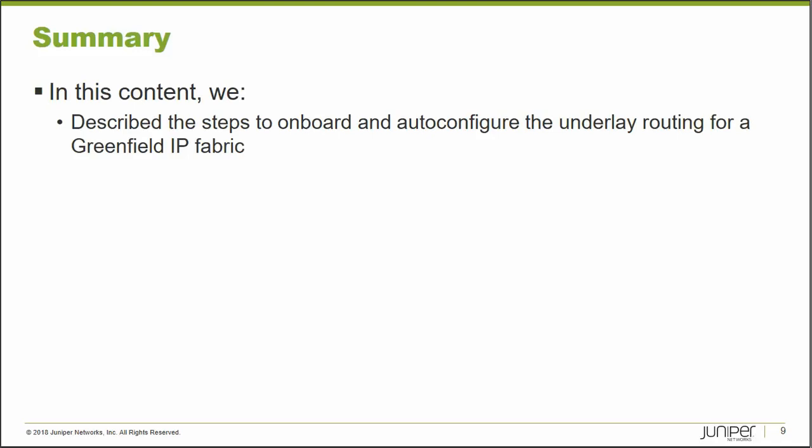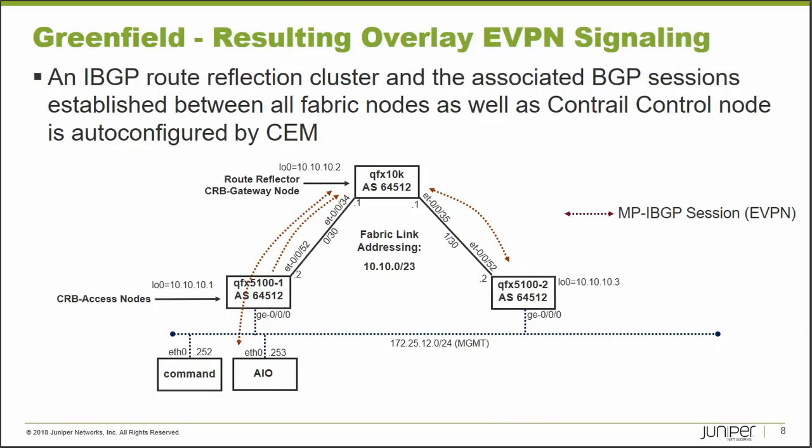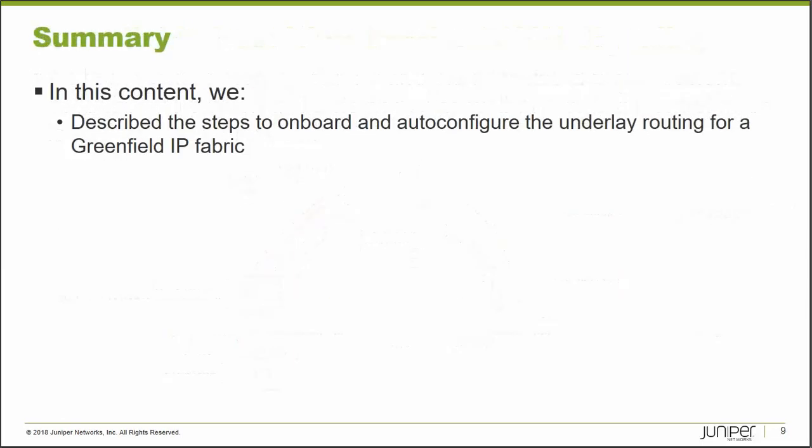It's done its job at that point, and we want to go back in, configure the external routing on our IP fabric to get to the internet and redistribute our directly connected routes into the IP fabric, and install a Contrail cluster off of those top of rack switches so that we end up with something like this. Then we'd have to onboard that IP fabric as a brownfield IP fabric. So that's it. I hope you enjoyed it, and look for some more of my Learning Bytes.